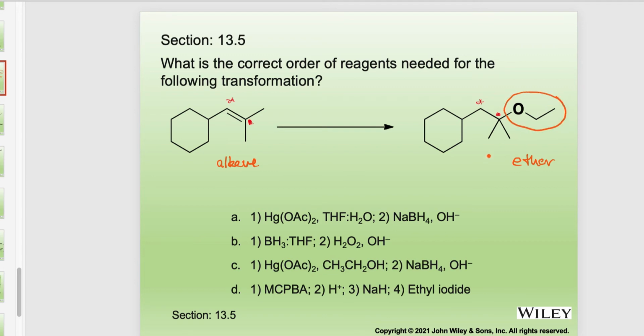Now, how can we do that? There may be more than one possible approach when we do synthesis. We want to find the best synthetic method. So here you see various oxymercuration, demercuration reactions. So A and C are oxymercuration and demercuration.